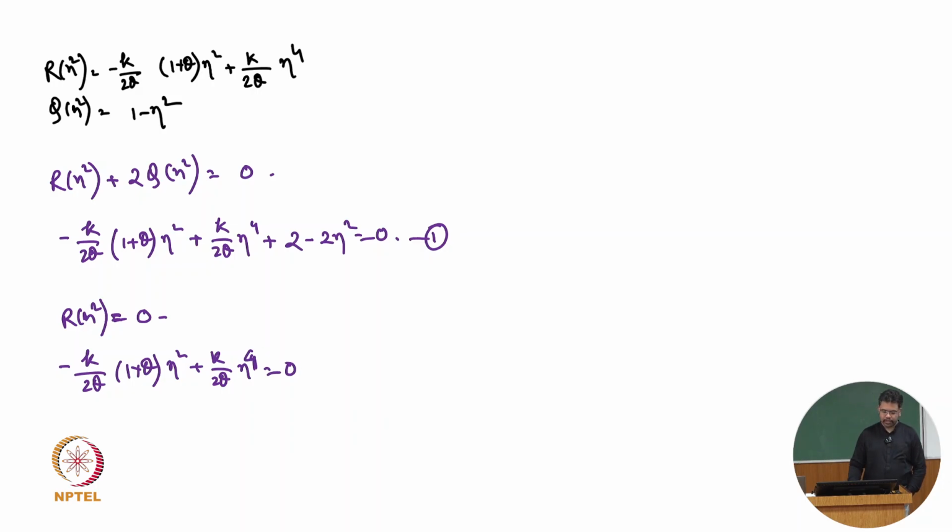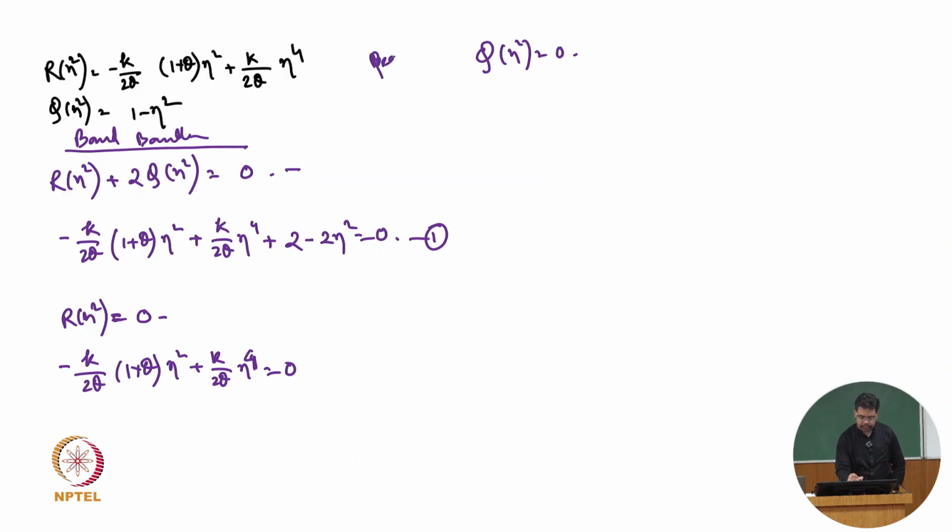So this is from the second equation. And also, what gives me eta square equal to 0, that's the peak of attenuation band. So these are the band boundaries: we will get the first equation and the second equation. And this is for the peaks in attenuation band.